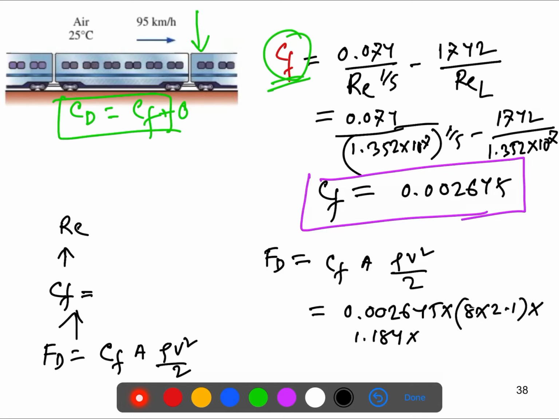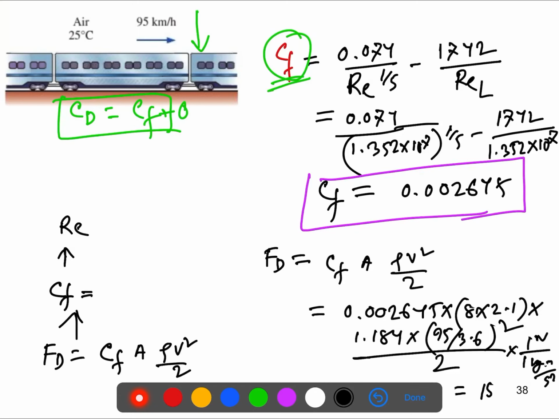We know the velocity is 95, so I will make it simple, 95 over 3.6, squared, and this over 2. We need to convert using 1 Newton equals 1 kg meter per second square. If we simplify this, we get the value 18.3 Newton. So this is the drag force that we need.